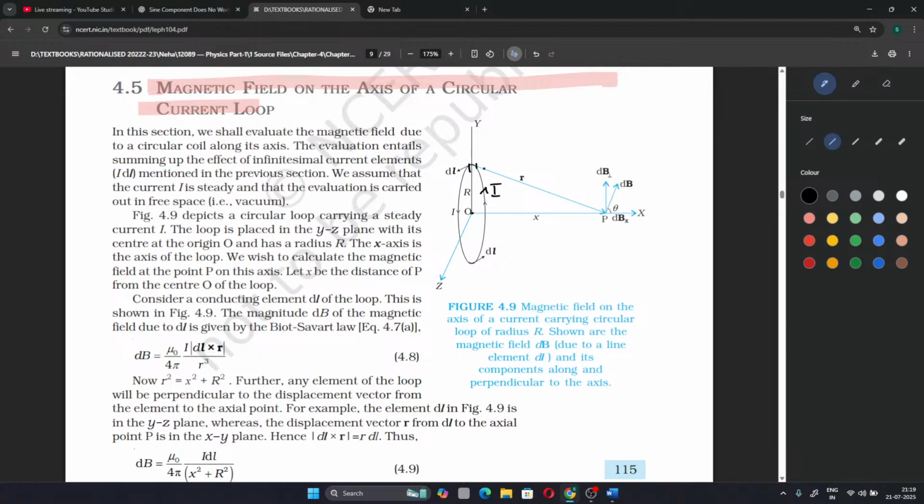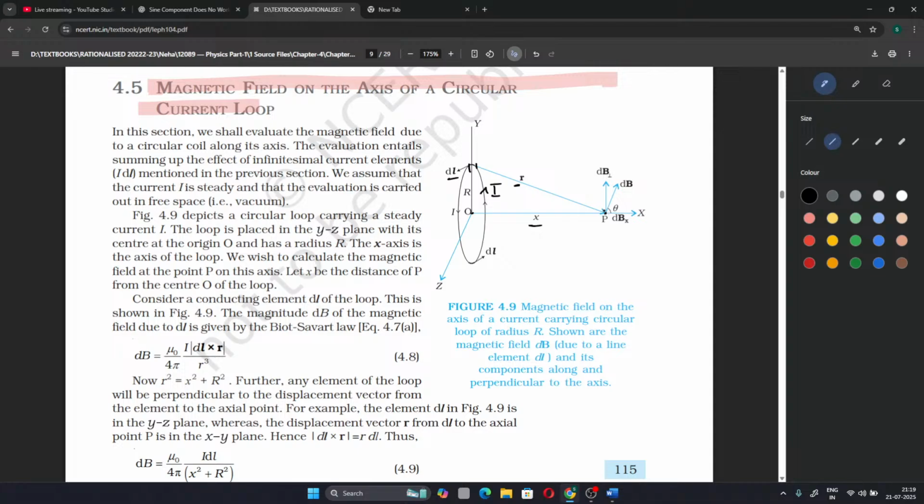If we take a small displacement dl, and this is the r vector, the distance from the small displacement dl to the point P. x is the distance from the center, and this is the radius of the circular loop.